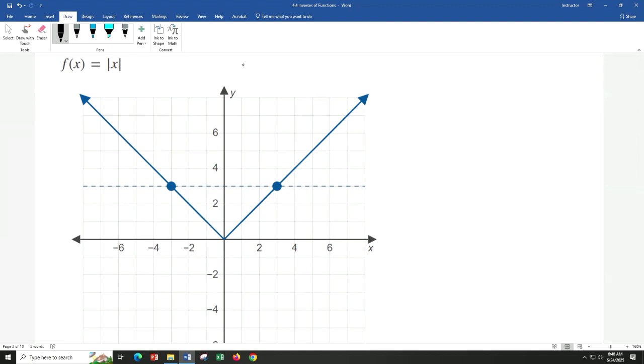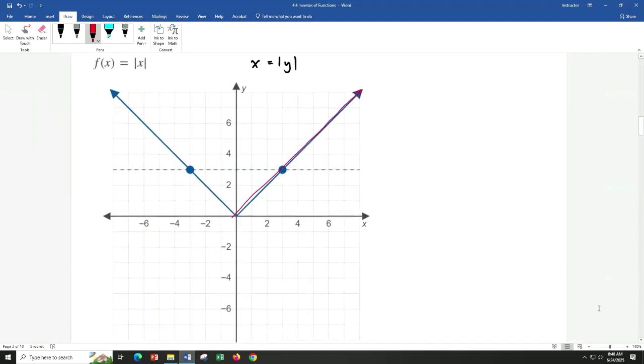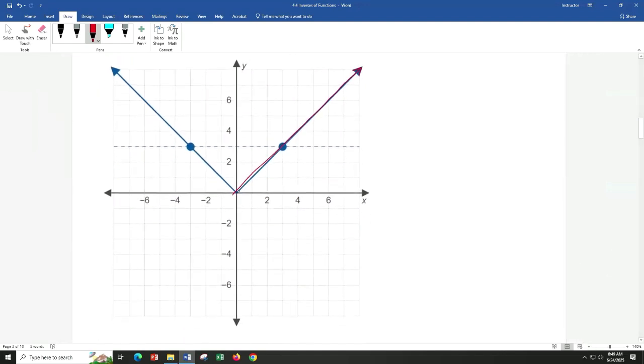This would turn into x is equal to the absolute value of y. Well, here, I'll draw this in red. Can we all agree that the inverse will look something like this? It's just going to be turned on its side, right? But what does it not pass now?